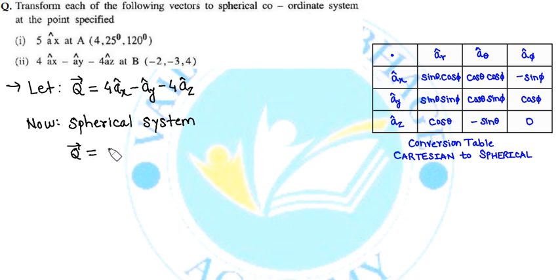So this vector Q will be Qr ar cap, plus Q theta a theta cap, and this will be Q phi a phi cap. So this is how we are going to express the given vector Q in terms of r, theta and phi.